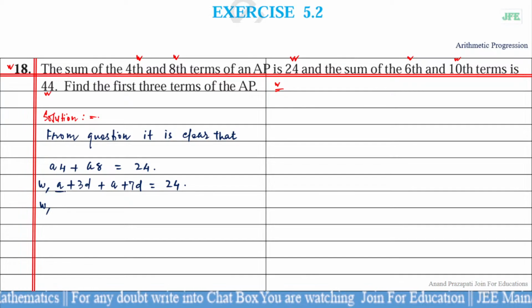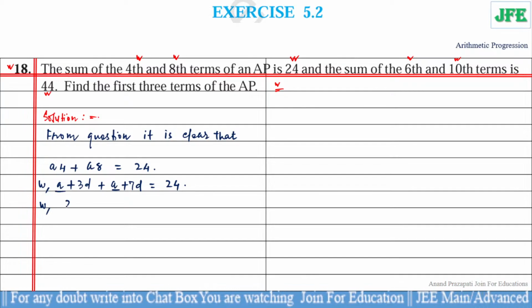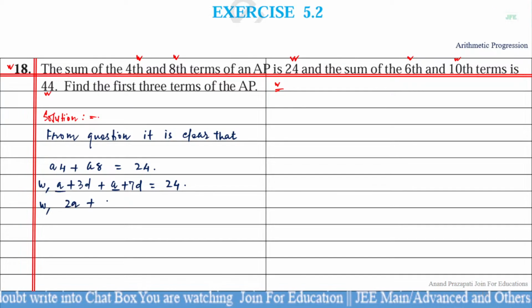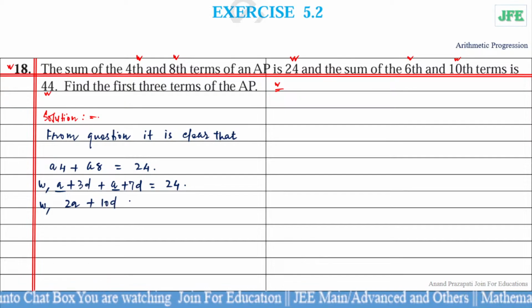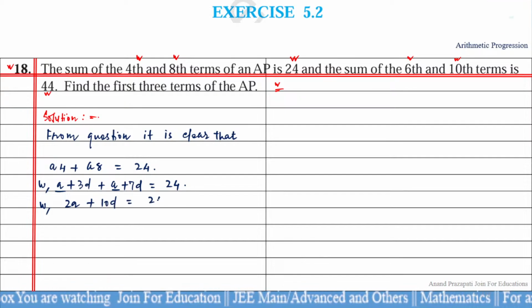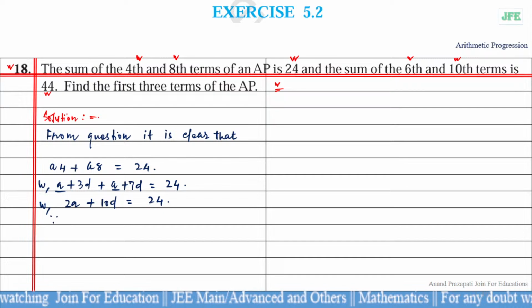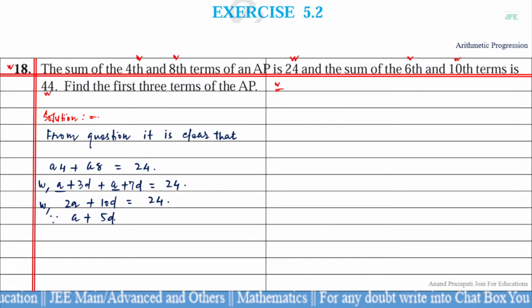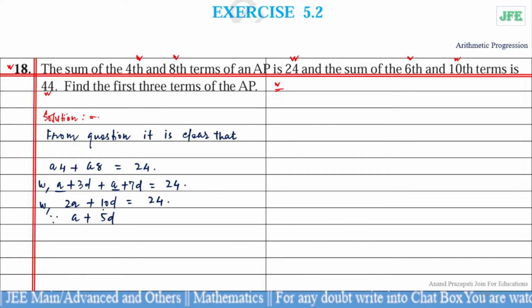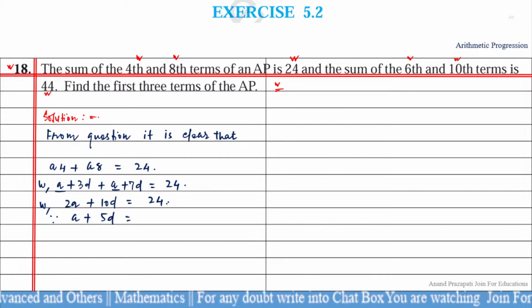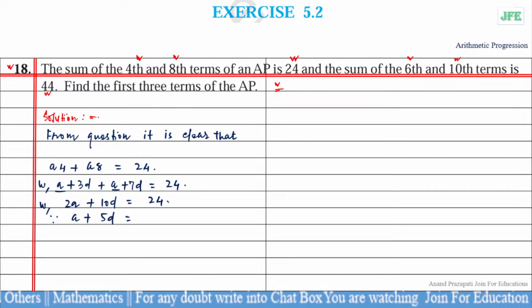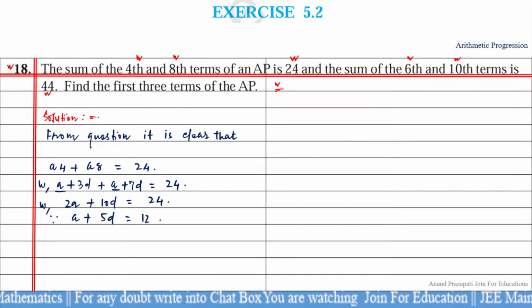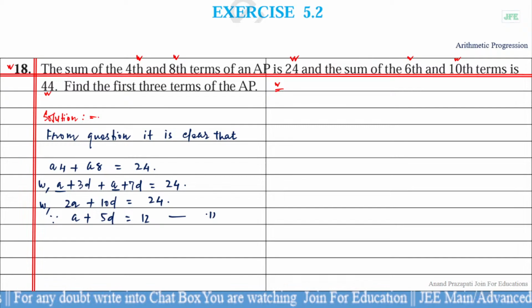Here it will be a plus a equal to 2a plus 10d equal to 24. Therefore here a plus 5d, we take 2 as common and move it to the right hand side, then here it will be 24 by 2 equal to 12. Suppose this is equation number 1.